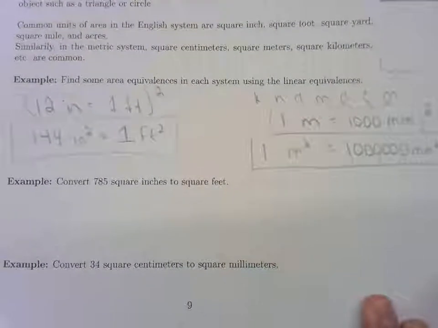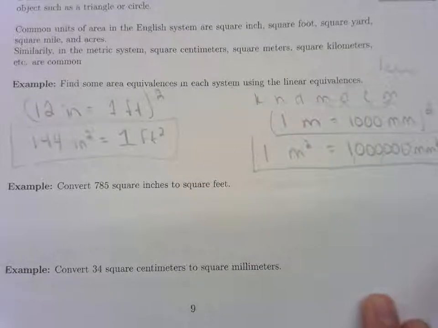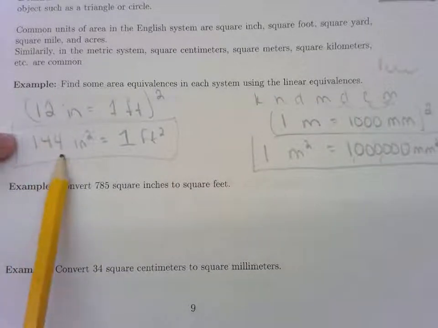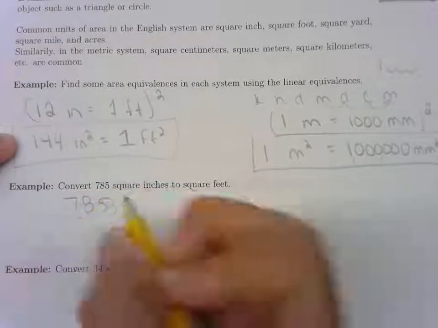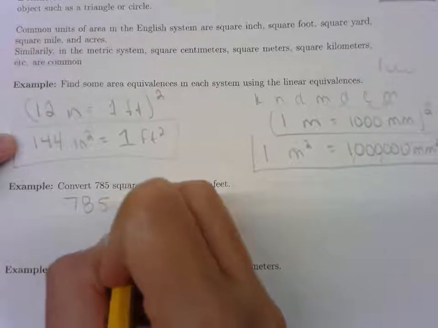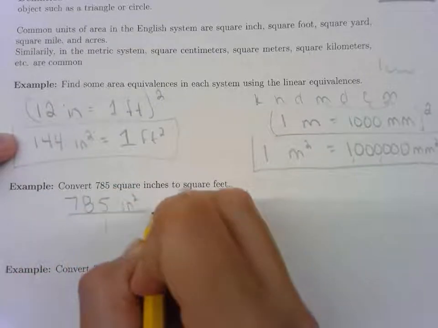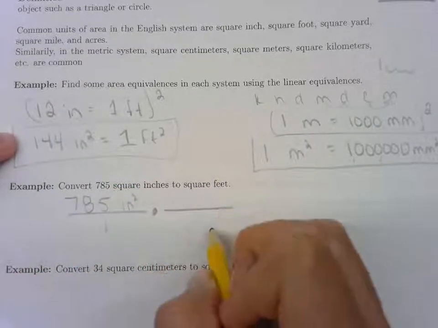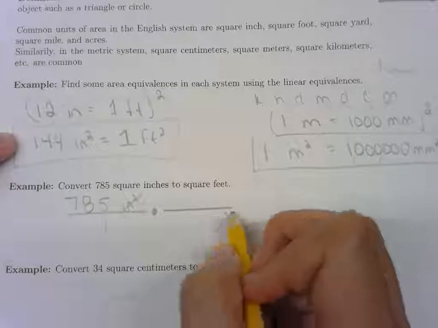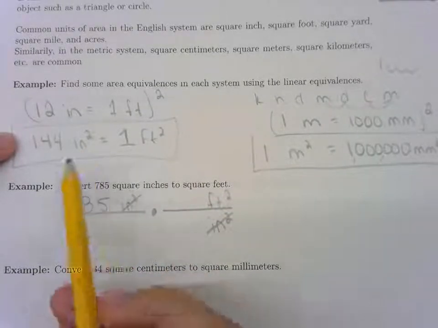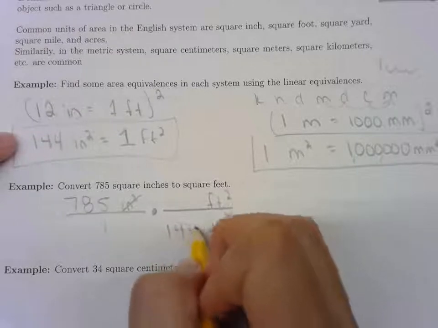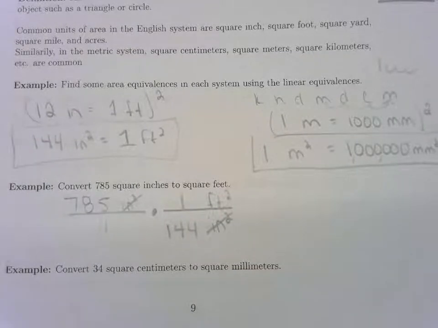The example says convert 785 square inches to square feet. So we're going to use this equivalence, which I have. We're going to start with what we have using dimensional analysis: 785 square inches. We want square inches on the bottom, so it cancels when we multiply, and square feet on the top. So we have 144 square inches is the same as 1 square foot.